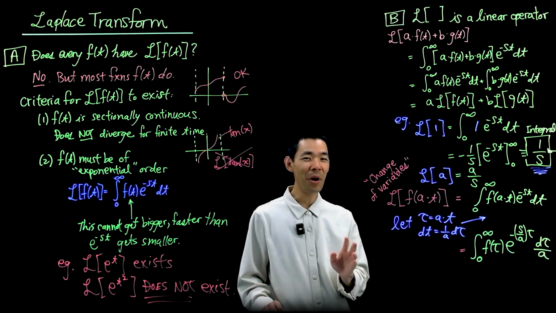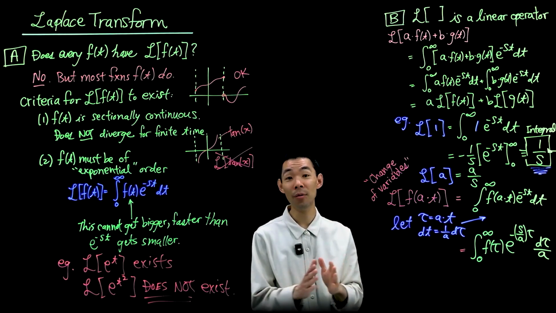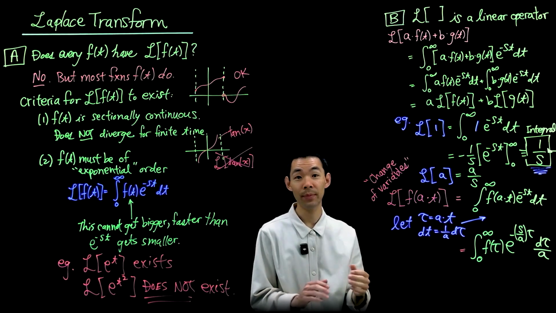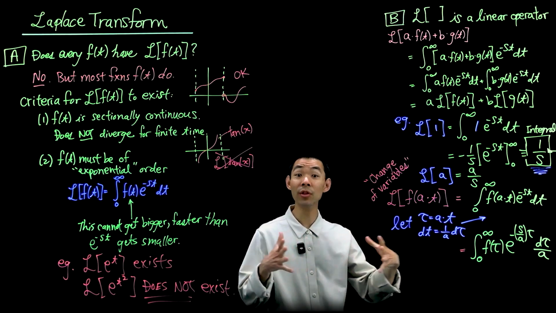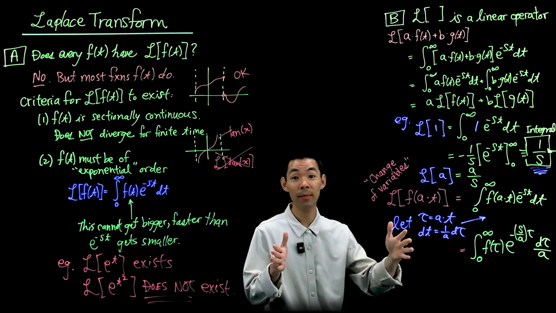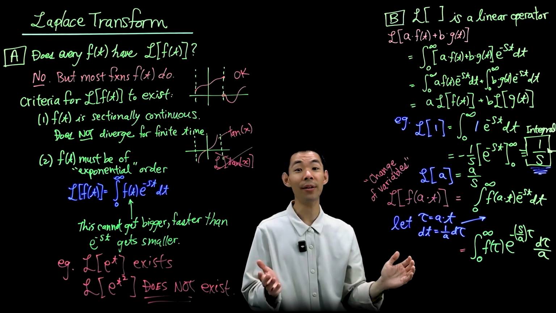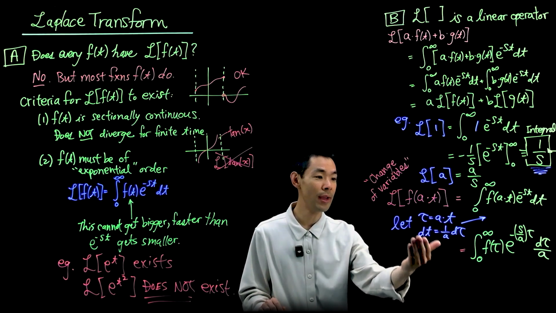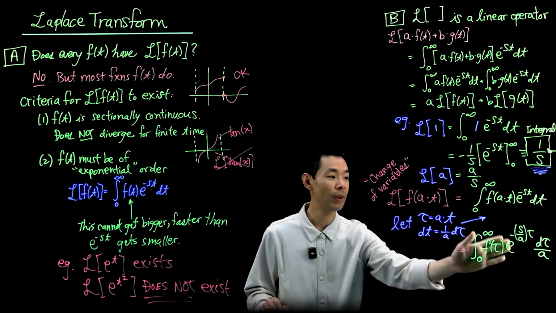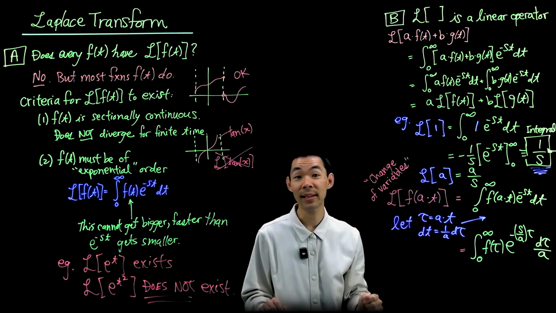All right, I did a small substitution where I let a new variable tau take the form of the constant a times t. So it's kind of like a stretched time axis, where I've taken normal time, stretched it by a factor a, just a change of variables like you would do in calculus. And so if you take the small increment dt, because we want to replace all the time up here with tau, dt is just equal to 1 over a times d tau.